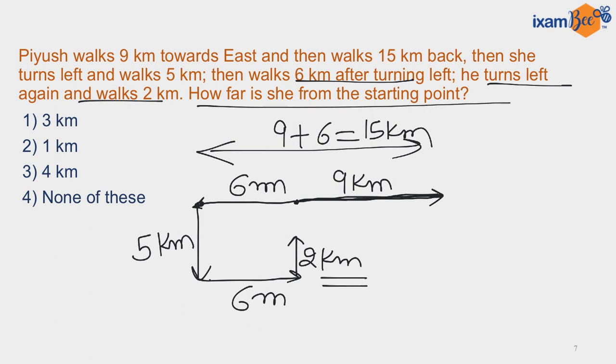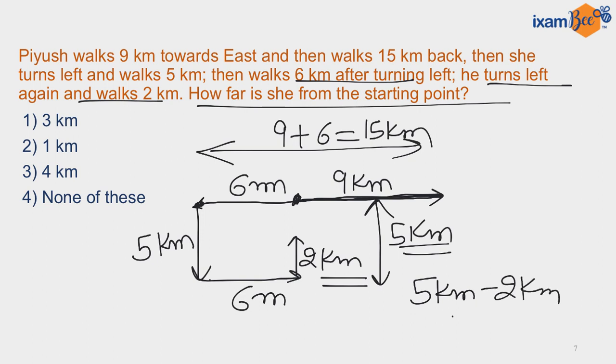How far is he from the starting point? This is the starting point, so he will be 3 km away from the starting point. The correct answer for this question is option number 1.